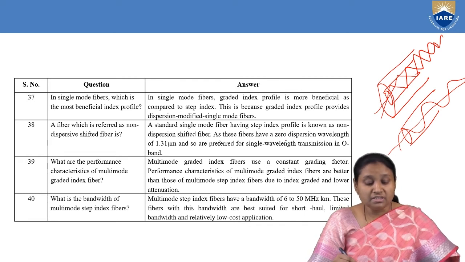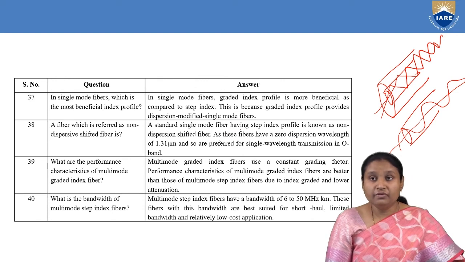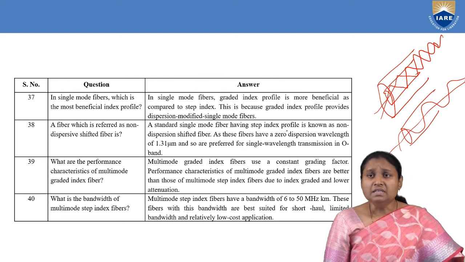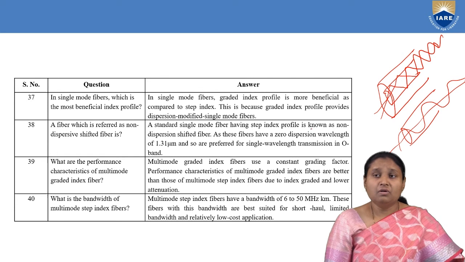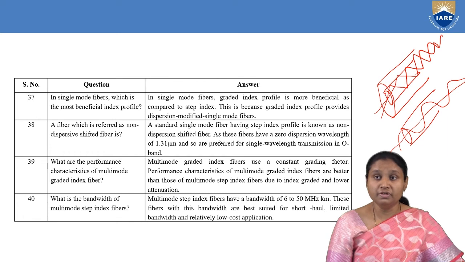A fiber which is referred to as non-dispersion shifted fiber. What is that particular fiber called? A standard single mode fiber having a step index profile is called non-dispersion shifted fiber, because here we are taking single mode. Single mode means all light signals will move in a single direction, so there won't be any problem of dispersion.